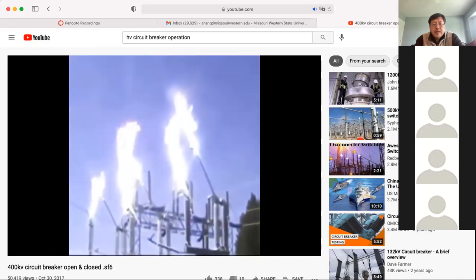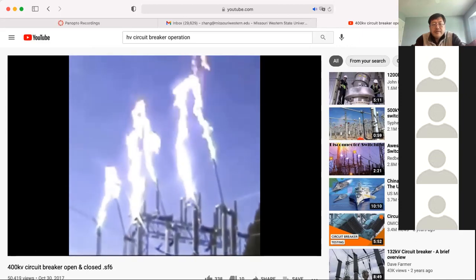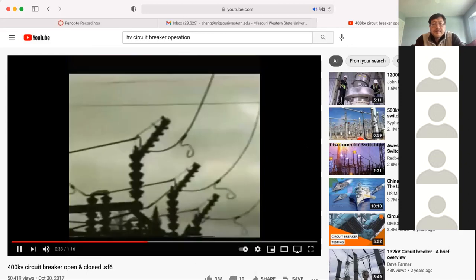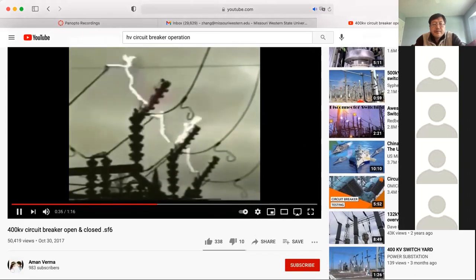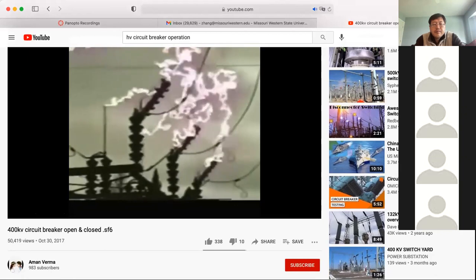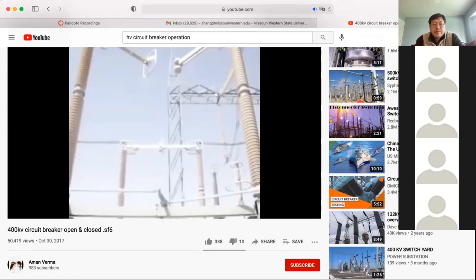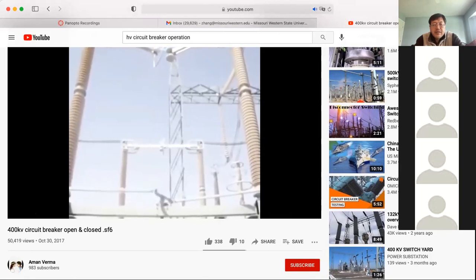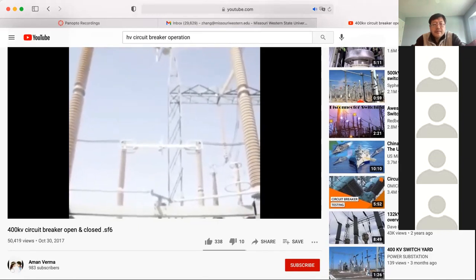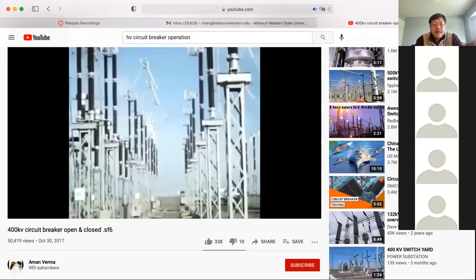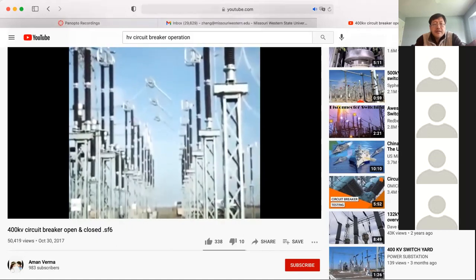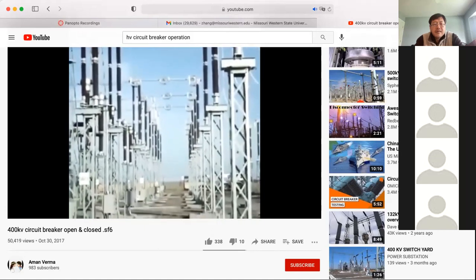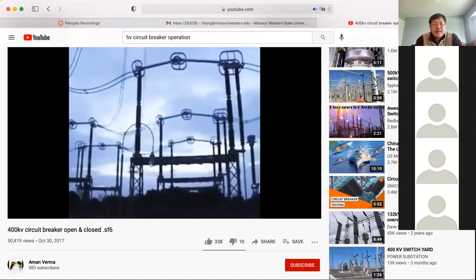This is not a circuit breaker. This is actually an open switch, a motorized switch. So that's just the switch turning off. Yes, and that's it turning on. That's turning off.